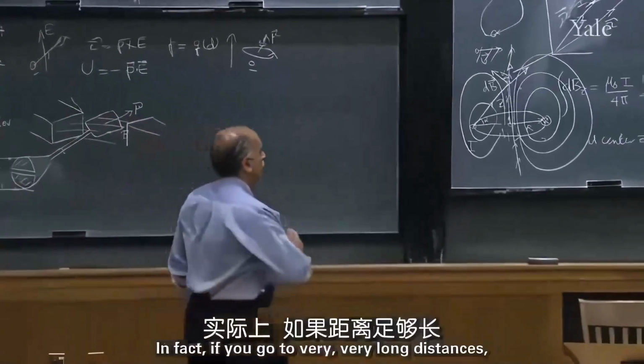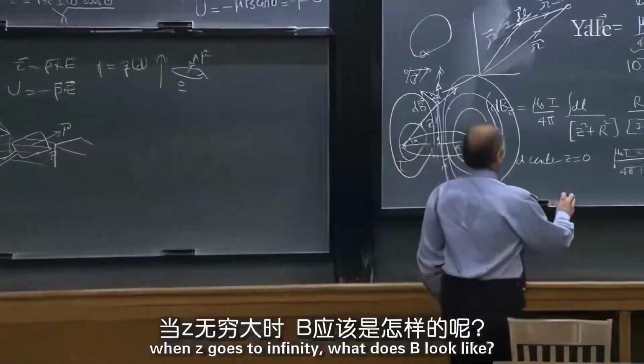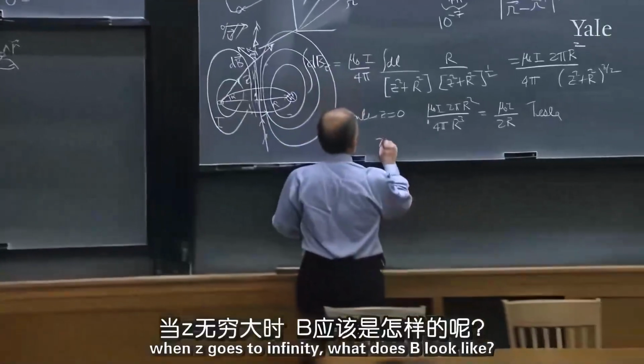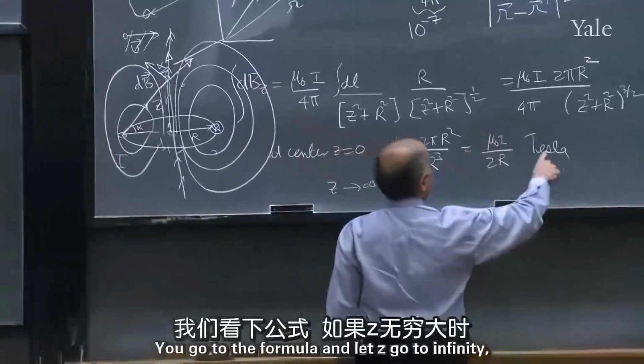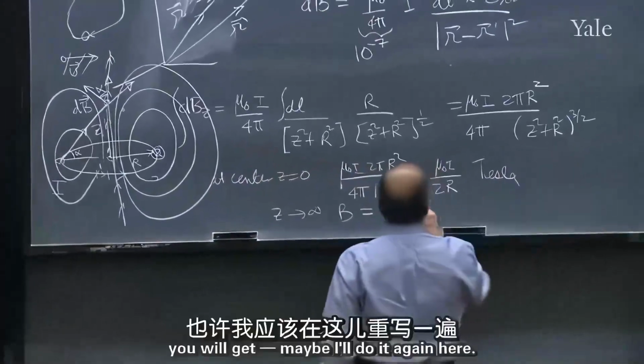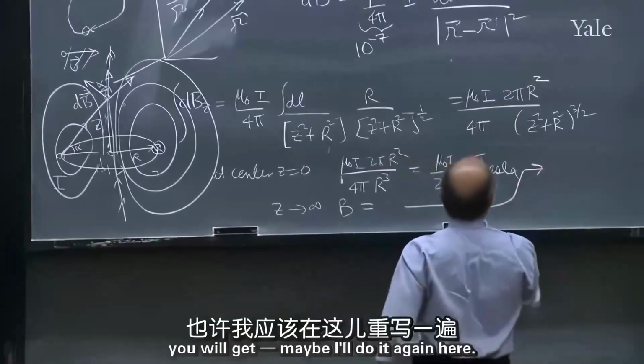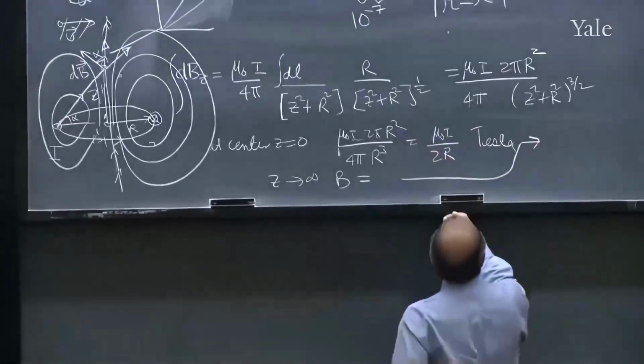In fact, if you go to very, very long distances, when z goes to infinity, what does B look like? You go to the formula and let z go to infinity, you will get, maybe I'll do it again here.